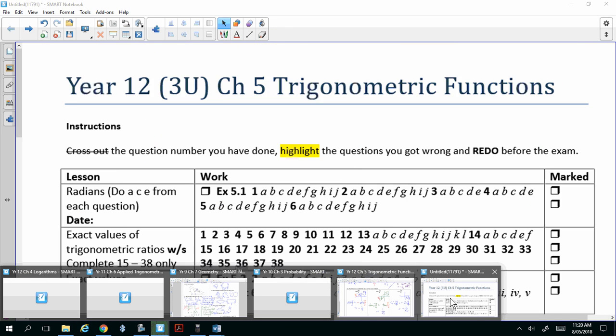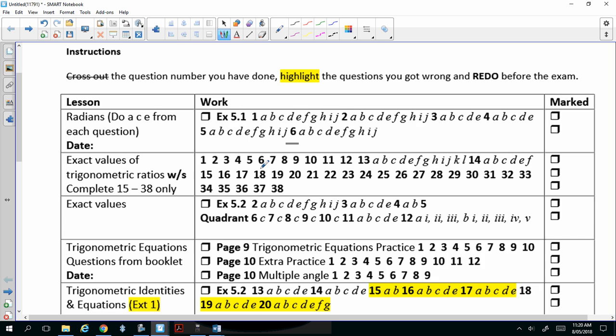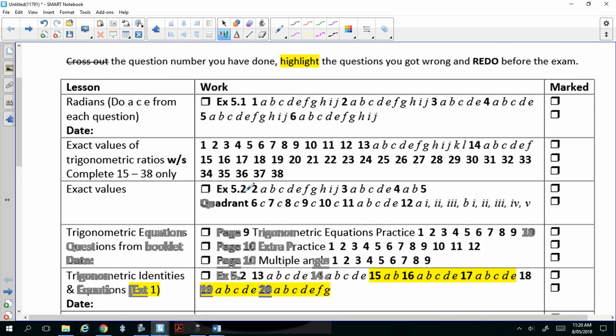And then you have this worksheet which I just provided to you. Just do questions 15 to 38. And you can do more if you want to, but you don't have to do all. You just do these questions. So that gives you a lot of practice. And the third thing you have to do is from the textbook again, exercise 5.2. So there are some good questions you could try. Okay? All right, just do 3 things and start this now.